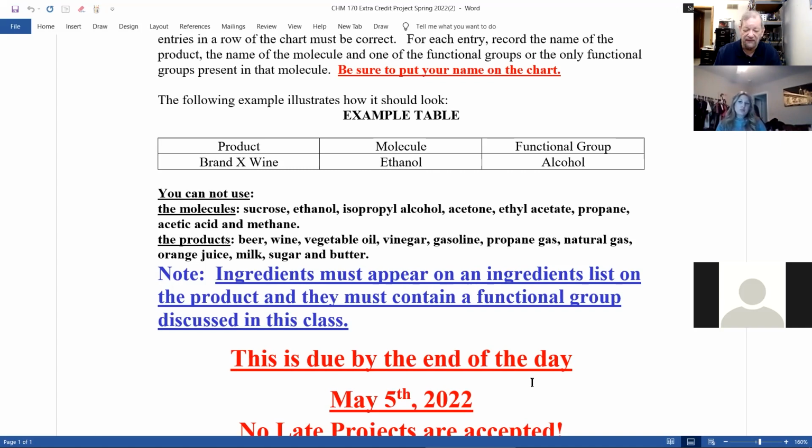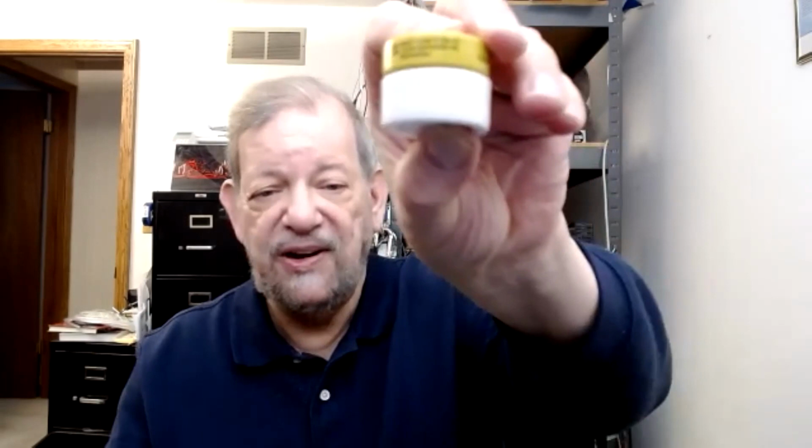Let me show you something. Everybody see this? Carmex. And if you looked on the ingredients label here, which you probably can't see, one of them is phenol. So you could put down one of the entries, and this is not a food. I hope not. I don't know, maybe you eat it, I don't.